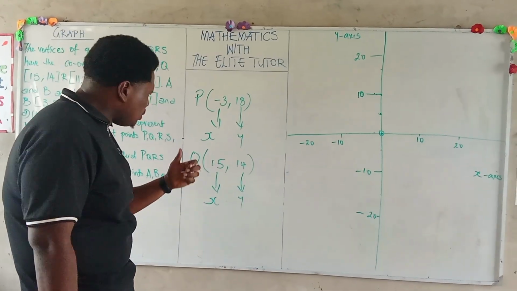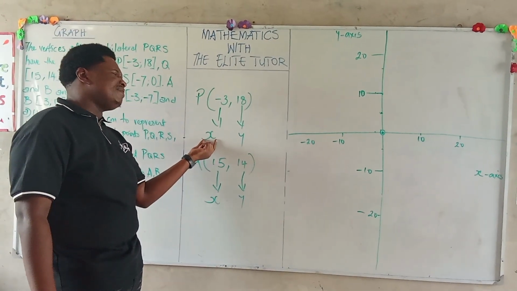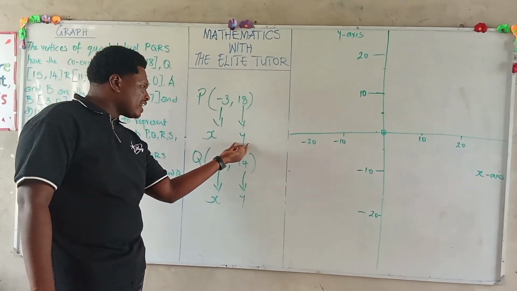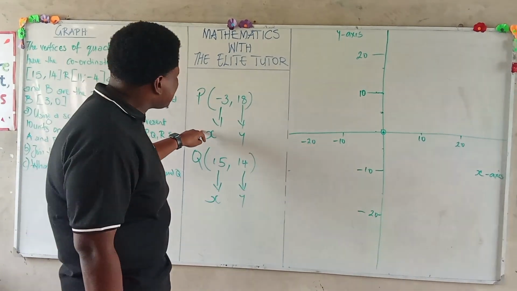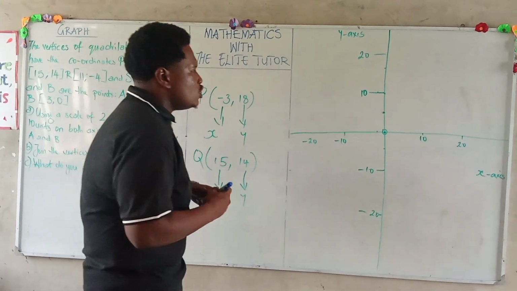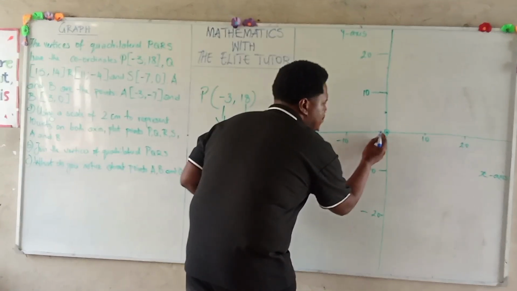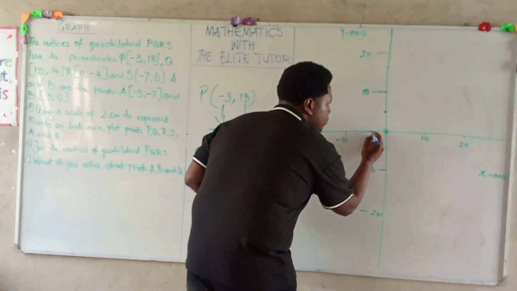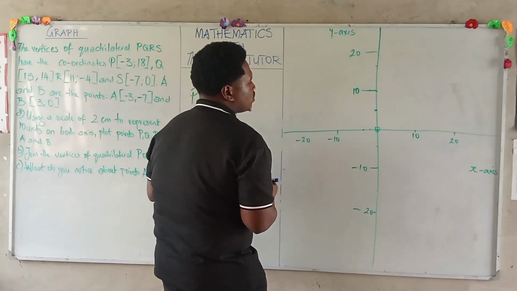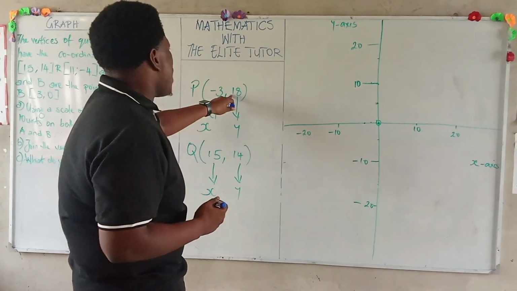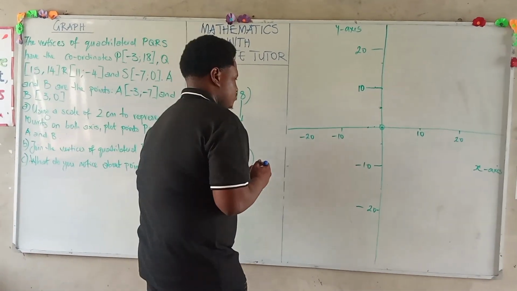And I've told you that the first value is always the value of x, while the second value is always the value of y. So when x is minus 3, minus 3 will fall between here. When x is minus 3, y is 18.